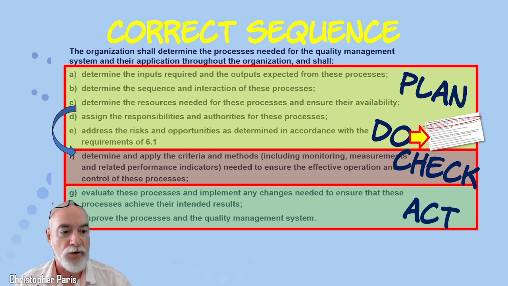Then what you do is you go off and you do your QMS and their processes, and you act on those, right? And next, then you check by determining and applying criteria and methods, and then you act by evaluating and improving those processes over time. That's PDCA. So the first way to understand PDCA and process approach is we got to reorder the bullet points in clause 4.4 because they put them in the wrong sequence, which is sad.